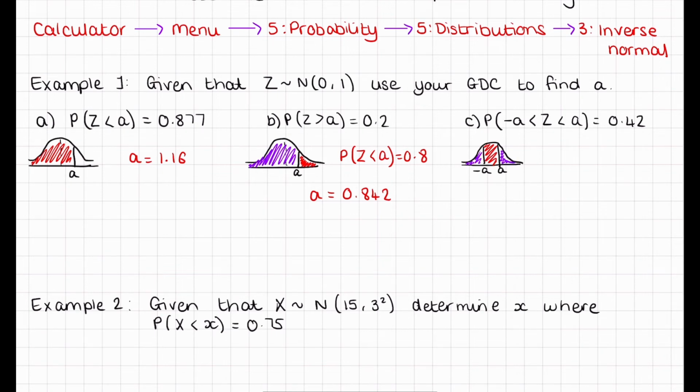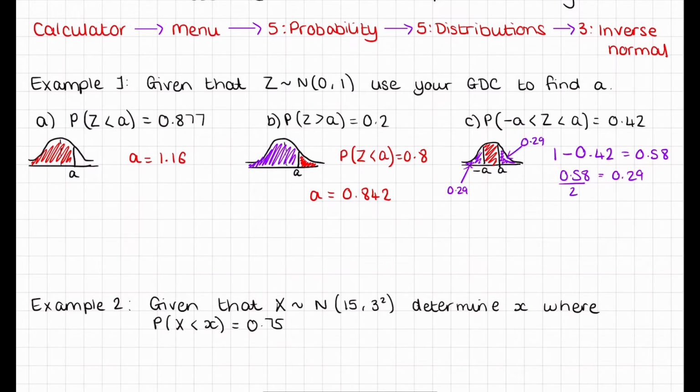Now if this middle section here in red is 0.42, means the total of the purple areas would be 1 minus 0.42, which is 0.58. So half of those, so just one of those sides, will be 0.29.